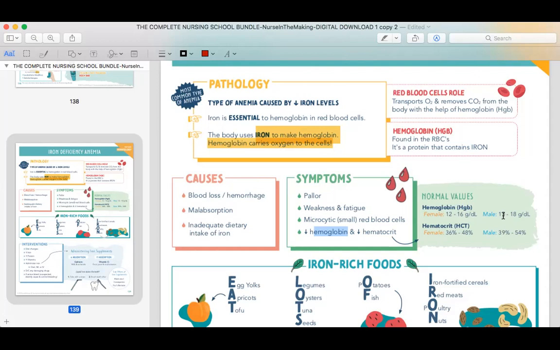He stated males 14 to 18. Sorry, yeah, males 14 to 18 and females 12 to 16.